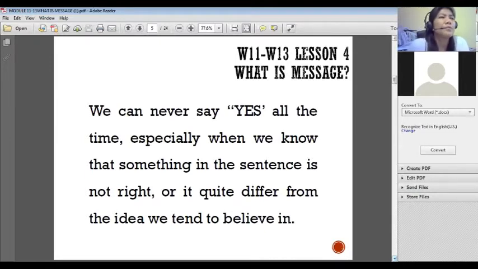It's also difficult for us to accept the beliefs of others and to respect them when we think in different ways. We really believe in the things we want to believe in. And sometimes the belief we have might be different from the belief of others, which also results in argument.